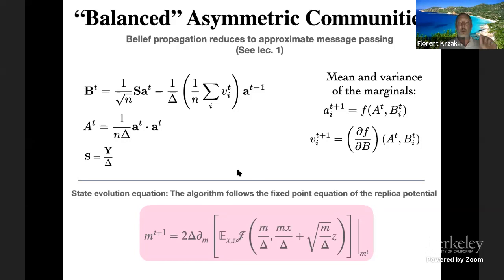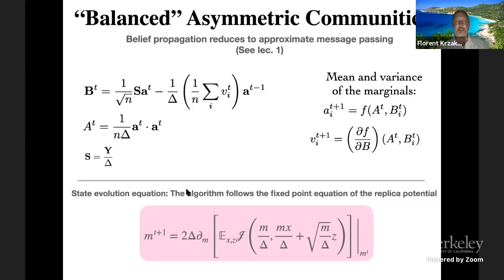So if you ask, what is the overlap between the estimation given by AMP and the truth, and you call this M of T, well, the overlap follows at each time this expression, which is just the fixed point expression. It's trying to find the fixed point of the replica potential.